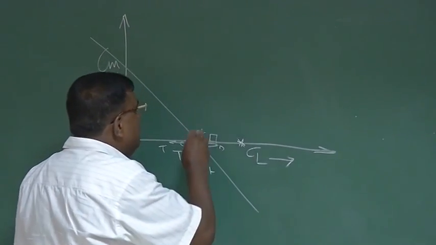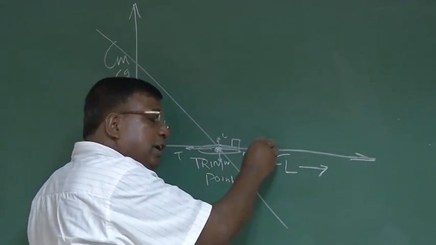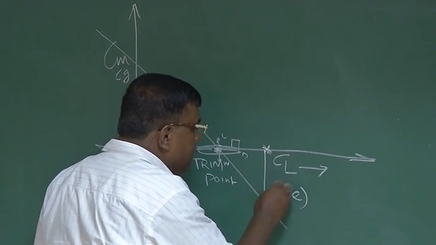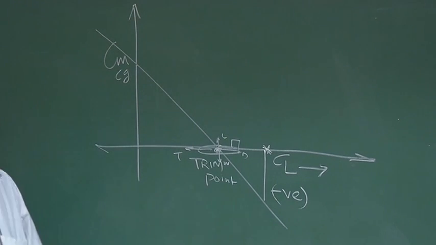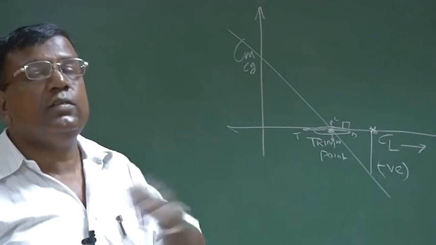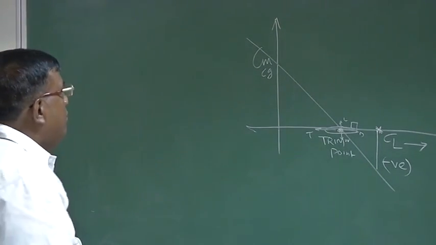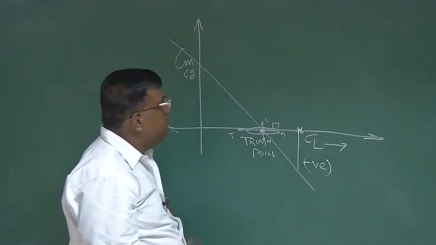The moment you try to come to this point, what happens? This airplane will generate a negative pitching moment, because it is statically stable. You cannot help it. It will always have an initial tendency to oppose. But you want to fly here.